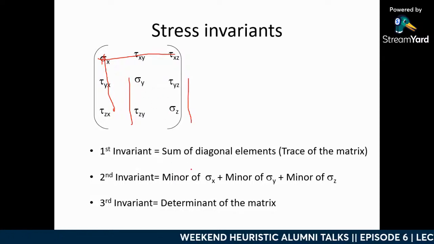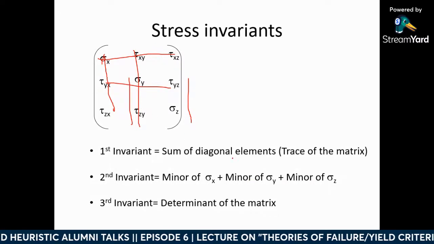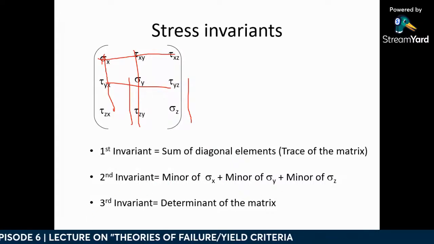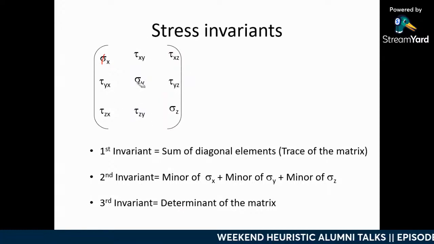That will be the minor of sigma x. If I want the minor of sigma y, just eliminate this row and column. For the rest of the things, I need to calculate the determinant. So that's how you can calculate the second invariant of the stress matrix. So what about the third invariant? Simply calculate the determinant. That will give the third invariant.